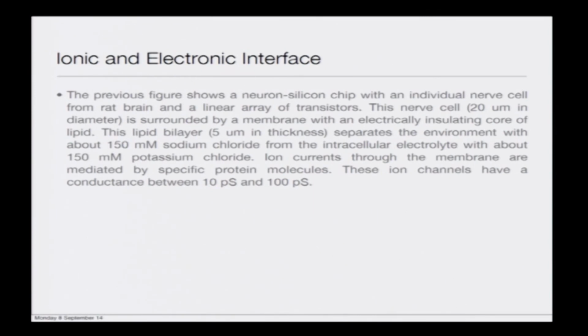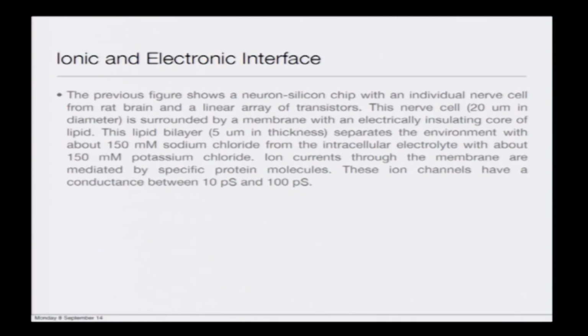The lipid bilayer, 5 micrometer in thickness, separates the environment with about 150 millimolar sodium chloride, which is the extracellular solvent, from the intracellular electrolyte with about 150 millimolar of potassium chloride. We know all these things. Ionic currents through the membrane are mediated by specific protein molecules, which you know as the ion channels.